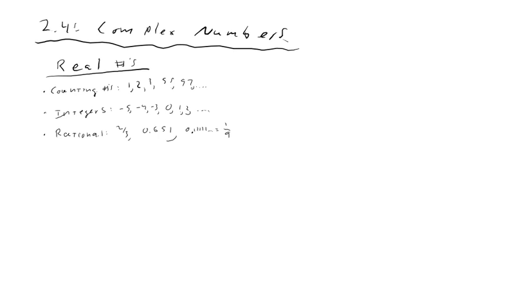Another group we had that was separate from all of these other ones were irrational numbers. That was things like pi and e, and also things like the square root of 2 or the square root of 5. Those are irrational numbers.